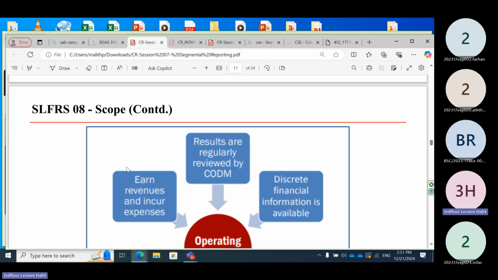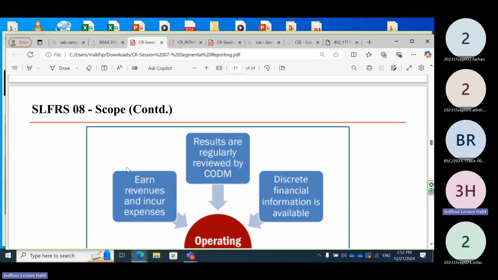It's a separate earning unit, right? And discrete financial information is available. So separate financial information can be captured from the financial records for that particular segment. That's all about the operating segment.